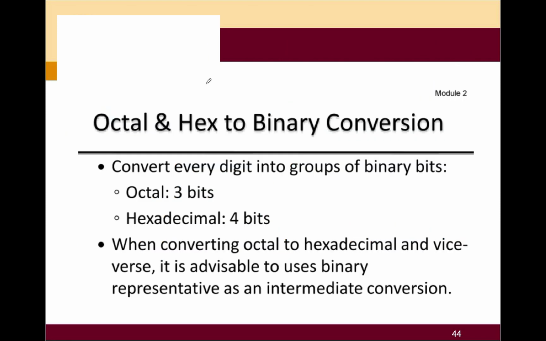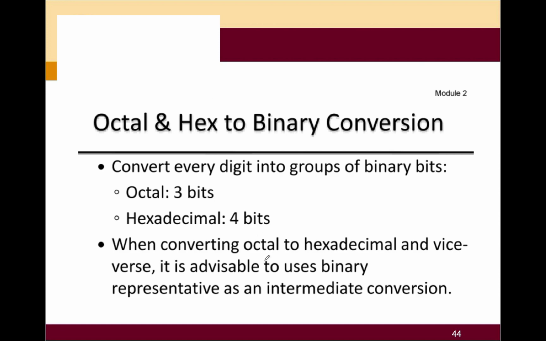of the questions. And if let's say you want to convert, because you already converted binary to other different systems of numbers or base numbers, now you will convert octal and hexa to binary. So first, you need to convert every digit into groups of binary bits, which is 3 for octal and 4 for hexadecimal, as you remember in our previous slide.